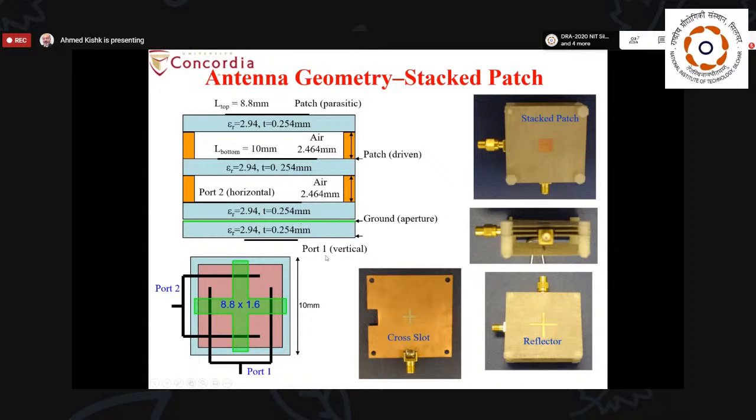But what we know as well is that if I have a slot, it has high back radiation. So in order to reduce the back radiation, I need to back it by a reflector. But if I have a reflector, a conductor all the way, I create a two parallel plate type of guiding structure that will excite the two parallel plates, and some power will be leaked in this direction.